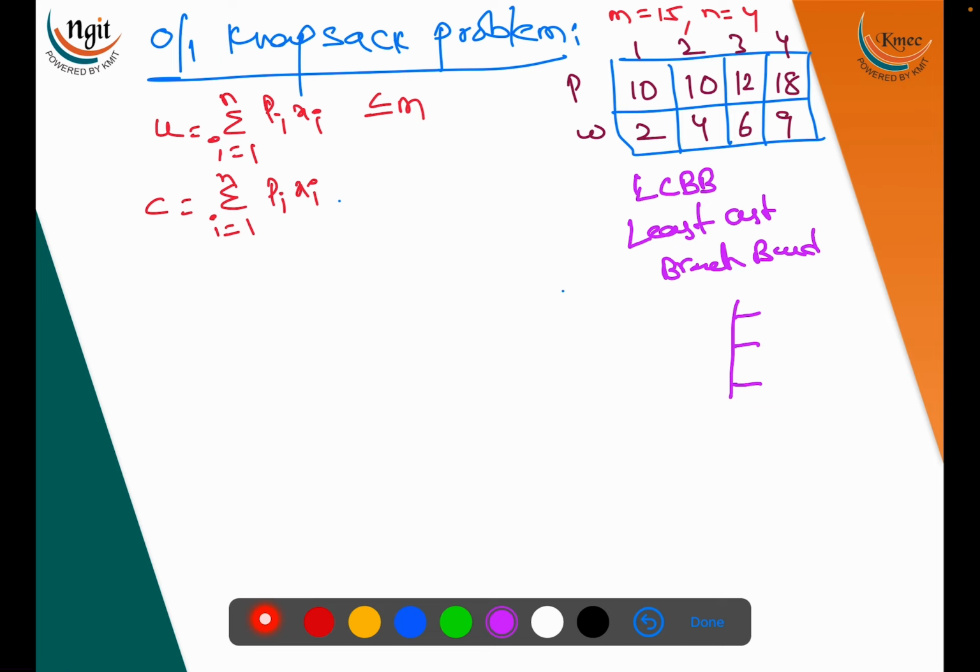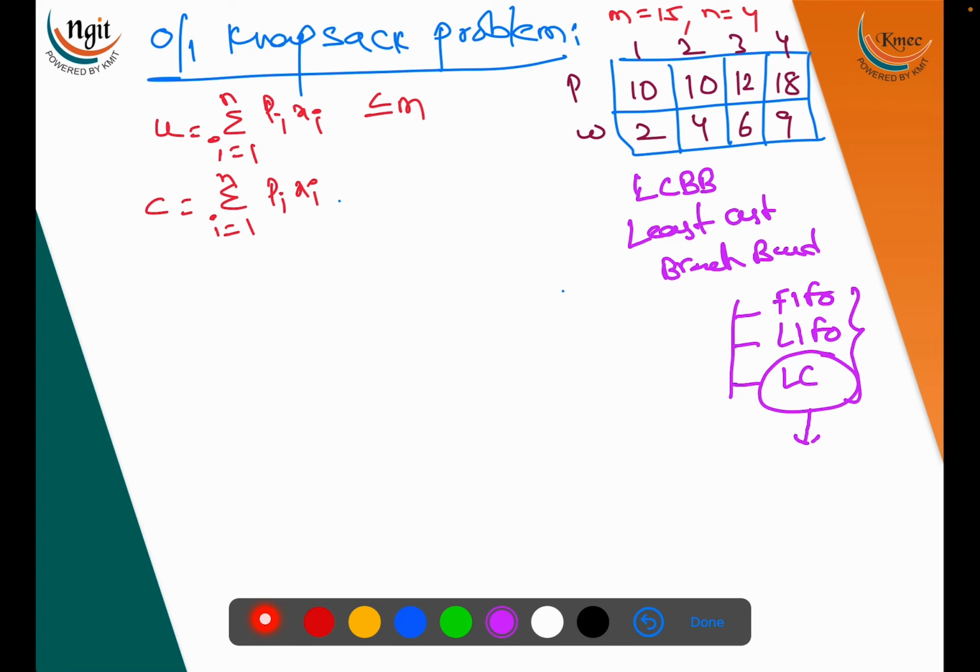The first is the FIFO method. The next is the LIFO method. The next is the least cost method. We can take all these 3, but I'm going to take the least cost one, because it is the fastest method. That's what I'm going to take.